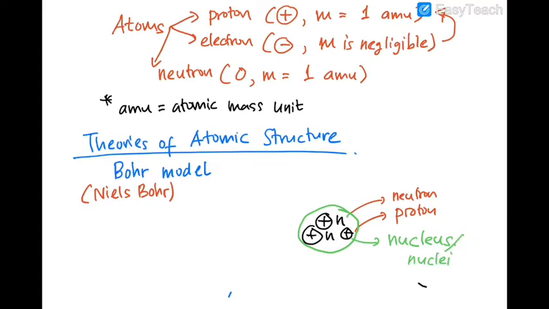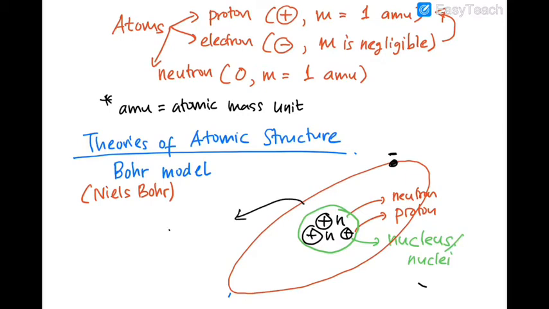And in the surroundings, we have electrons that orbit the nucleus, negatively charged, in a track like this that we call an orbital.